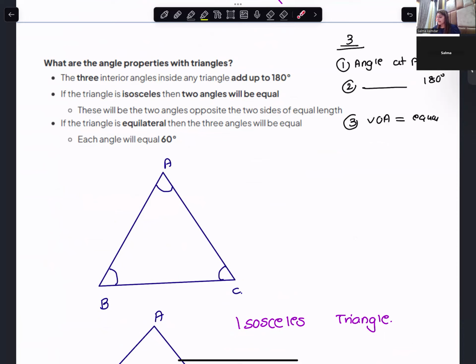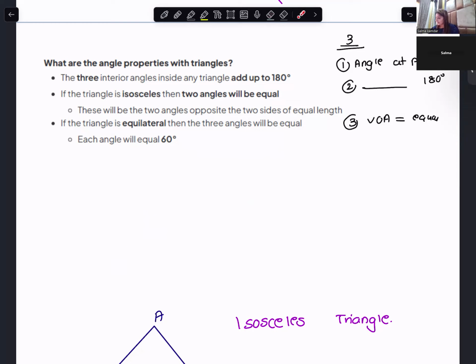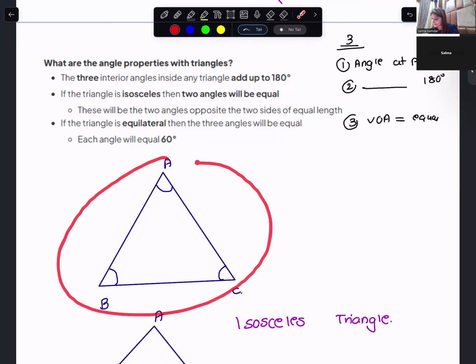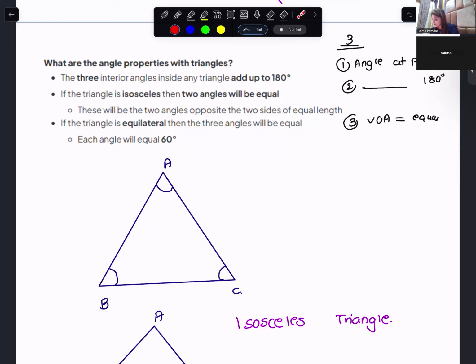Now let's talk about angle properties with a triangle. Say for example, I have a triangle ABC.